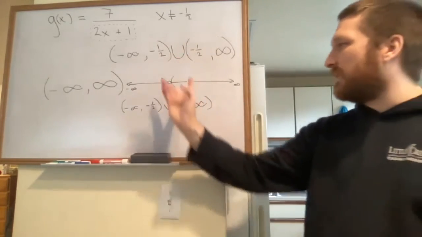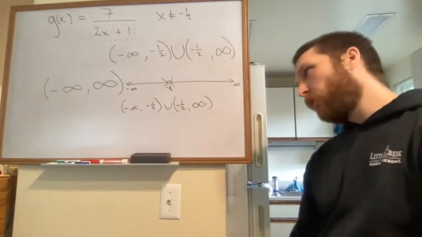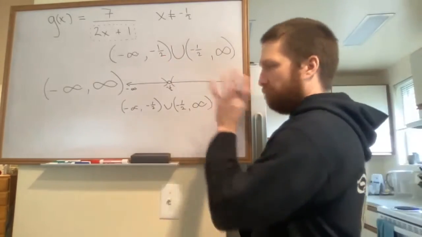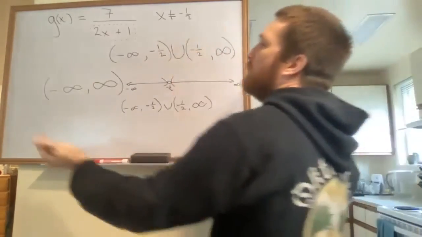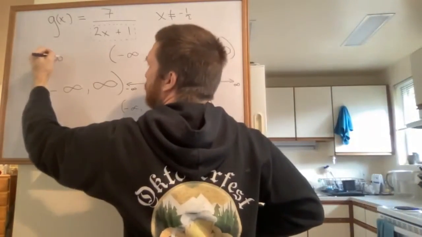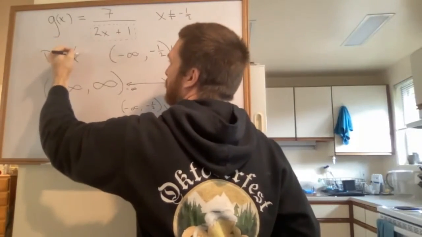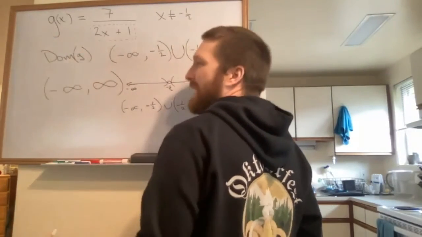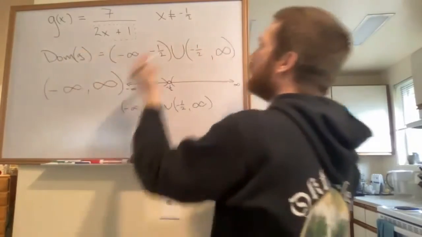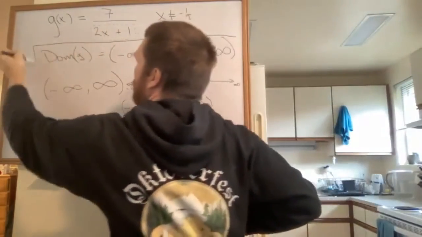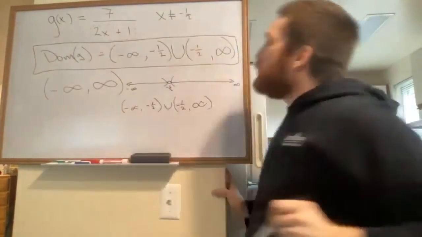And yes, of course, it means exactly the same thing. Finally, I would say the domain of G, and you could just write it like this, but if you want to be really cool, you could say the domain of G is equal to this right here. And you would be right.